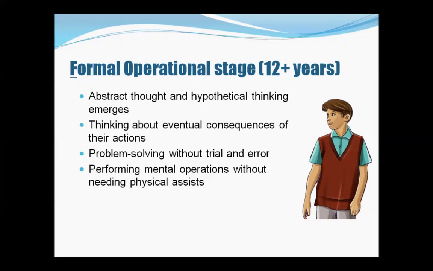So these are the differences in approaches that young adults have as opposed to a child in a concrete operational or pre-operational stage. At this stage, young adults start thinking about eventual consequences of their actions.